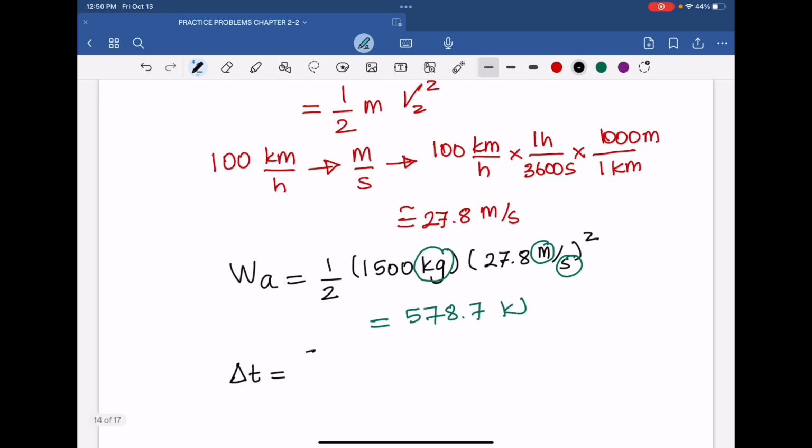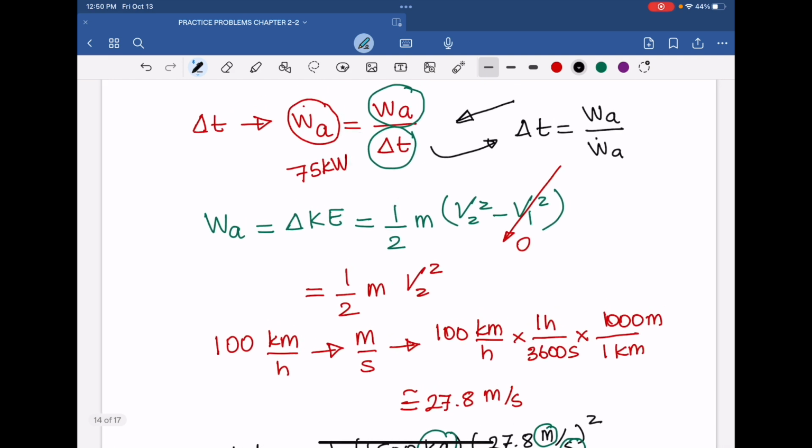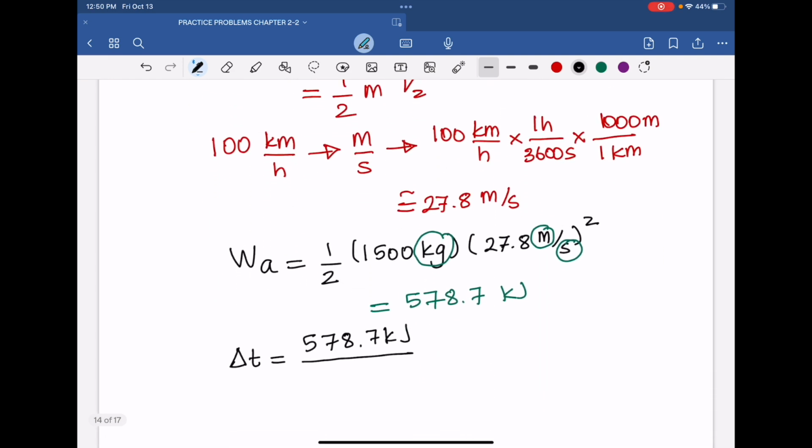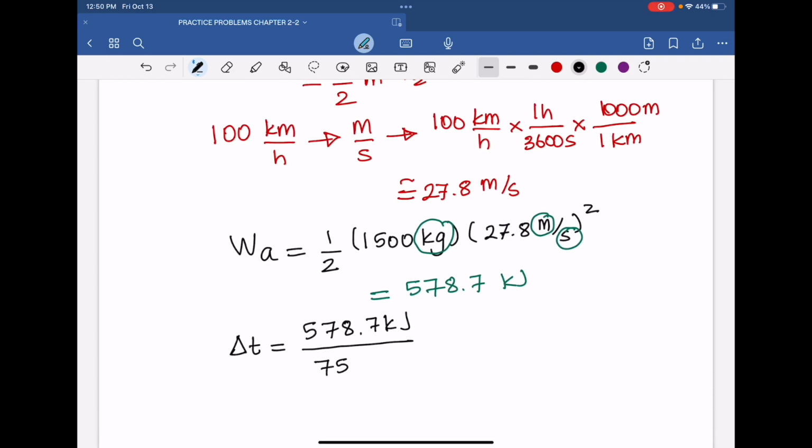So take the work and divide by the power, which is 75 kilowatts, meaning 75 kilojoules per second. And this should give you 7.72 seconds.